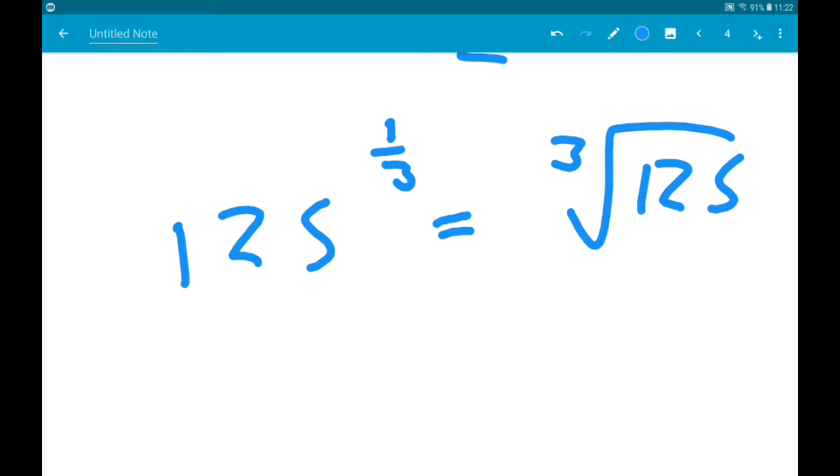Now 125 is 5 times 5 times 5, so the cube root is 5. Okay, so that's how we deal with the bottom part of fractional powers, so that's fine when there's only a 1 on top. Now we're going to look at powers with fractions where there isn't just a 1 on top.